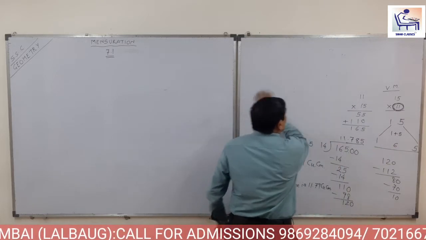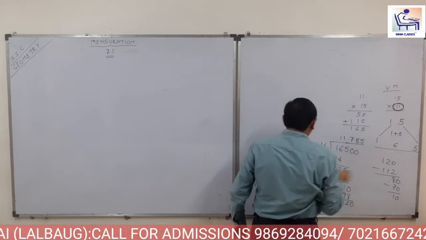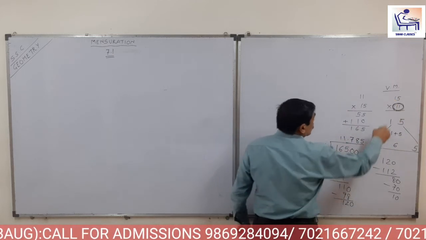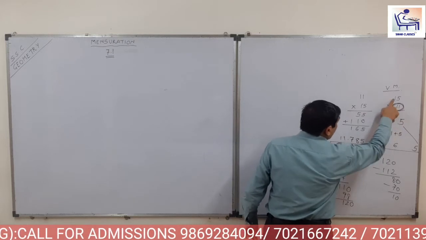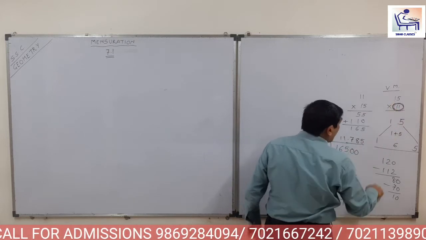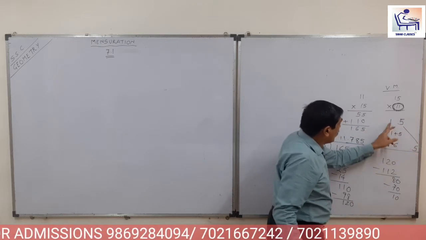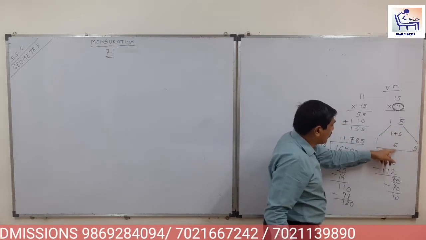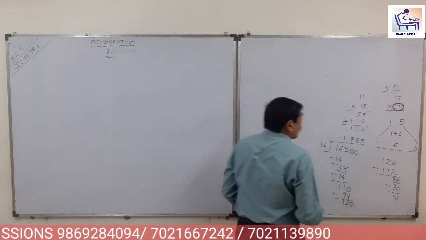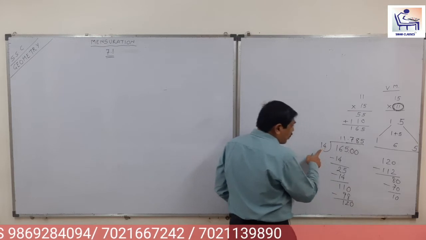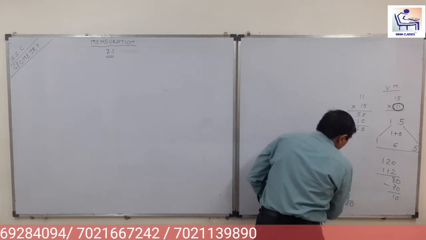I have written VM, which stands for Vedic maths. Any number, if you multiply it by 11, you can easily find out. If I want to multiply 15 by 11, I will write 1 and 5 in the first and the last term, and in the middle, I add them, and I will get my answer as 165. And please know the tables. You have to know the table of 14 very well.